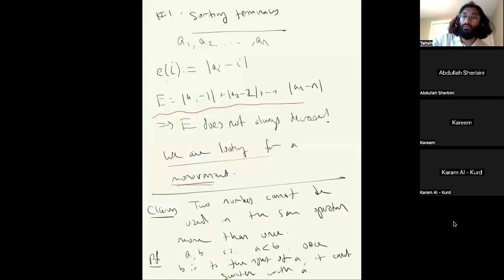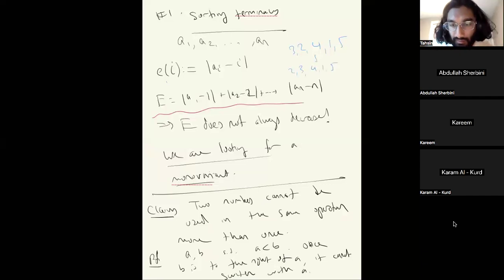So A and B are two numbers, right? For example, if you start with 3, 2, 4, 1, 5, let's look at 3 and 2. So let's say first you swap 3 and 2, and so it becomes 2, 3.